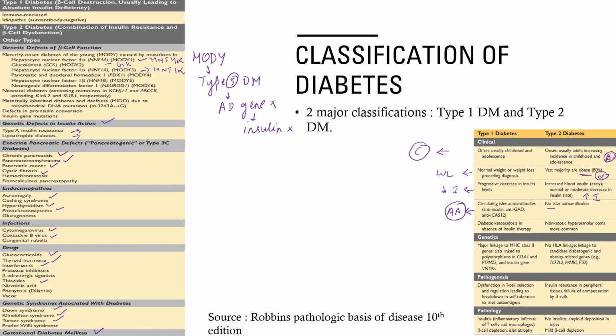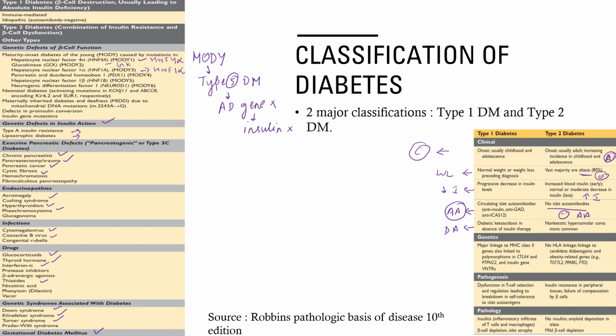In type 2, there are no islet autoantibodies. In type 1, diabetic ketoacidosis can develop in the absence of insulin therapy, which is a very common complication, whereas there could be non-ketotic hyperosmolar coma, which is the most severe complication in type 2 diabetes mellitus.